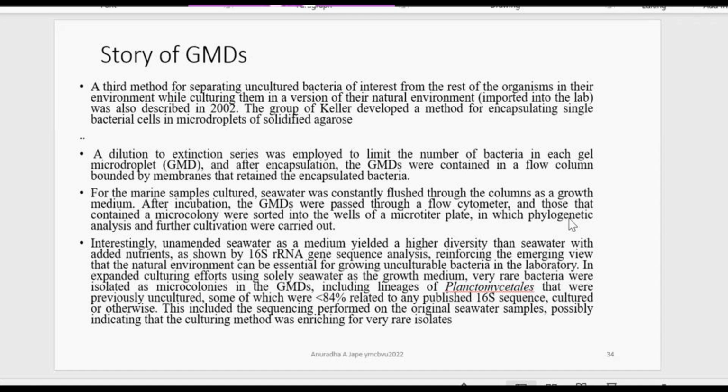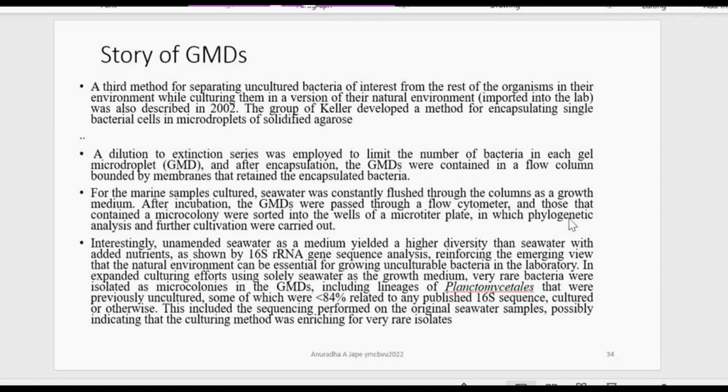Now here, agarose beads can be used to encapsulate, or maybe polysulfone is another material which is used to encapsulate and incubate bacteria. Here we are talking about a column, right, in which the beads are kept. But a step ahead was done by Kushmaro et al., who did a wonderful job.